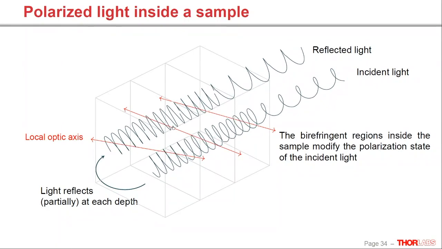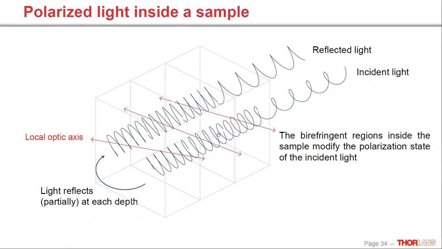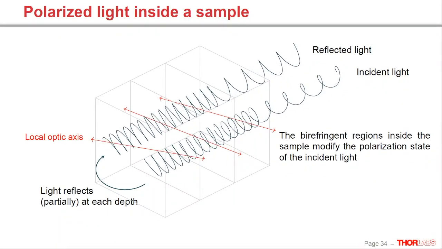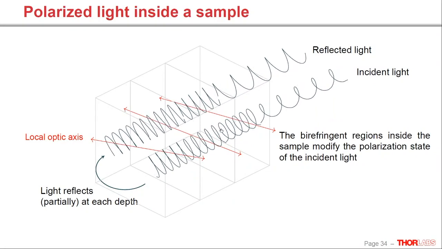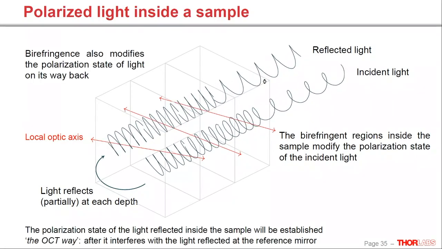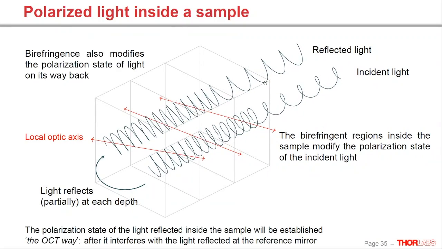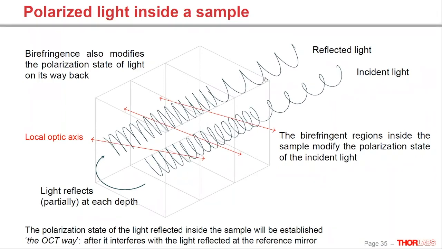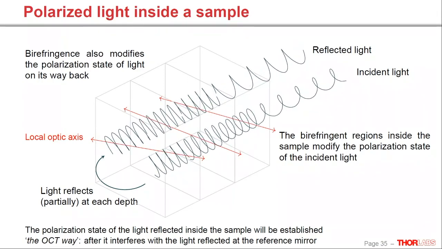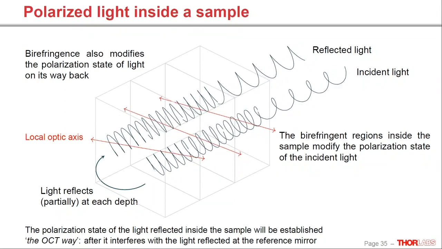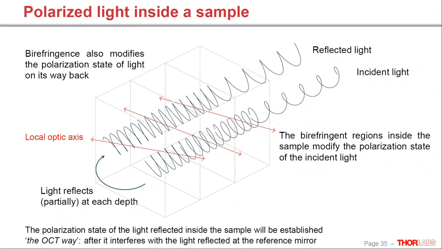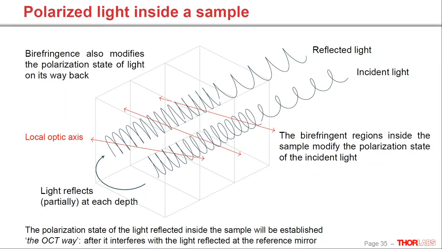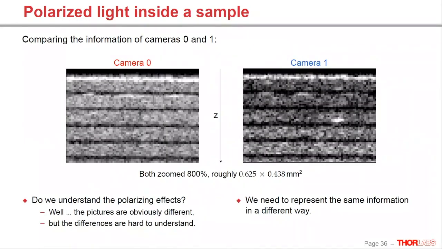So we're collecting the inward path and also the outward path and what the sample does to the polarization state. And only the result here, the light coming back out, is going back into our system, and then it's creating an interference with the reference light and is going into our detector, and we can analyze this interference pattern to generate our OCT images.